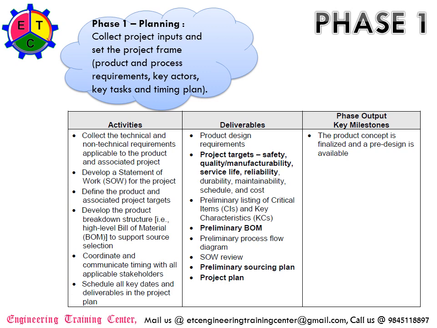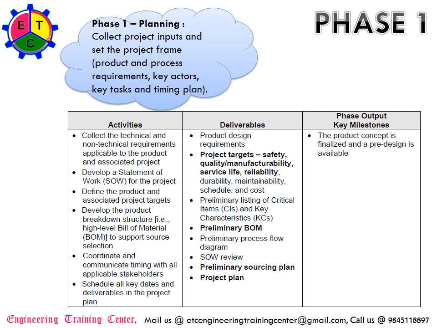The project targets such as safety, quality, manufacturability, service life, reliability, durability, maintainability, schedule, and cost, all these are established. The next deliverable will be a preliminary listing of critical items and key characteristics of the product.